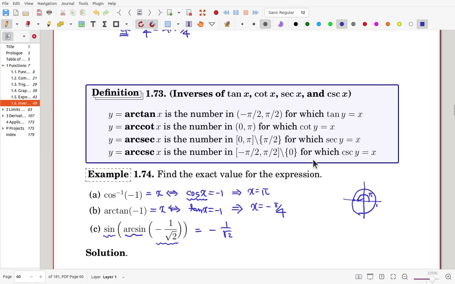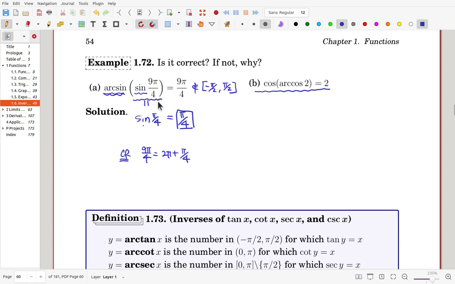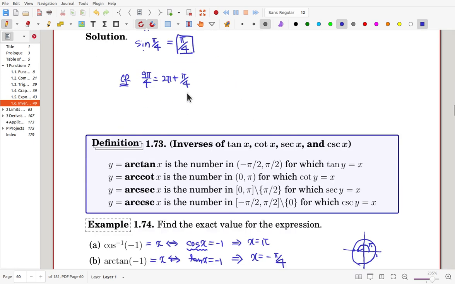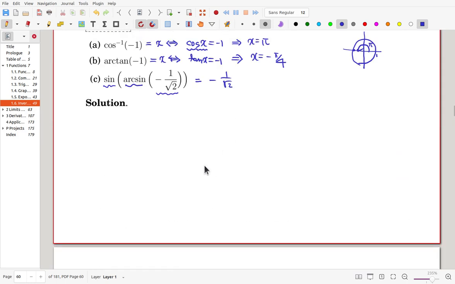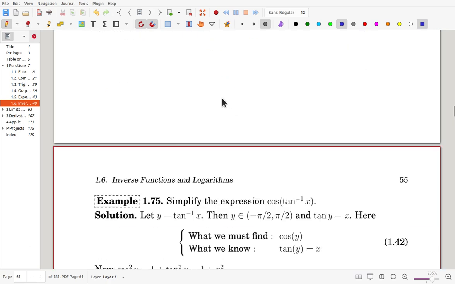But be careful: earlier, this value is inside, but here that one is producing a value between -pi over 2 and pi over 2, so it's not inside the range. And also the value over there is inside the range of sine x, so no problem for canceling out.